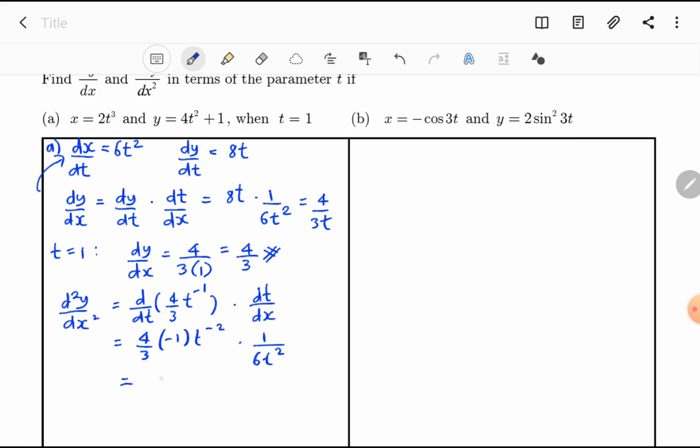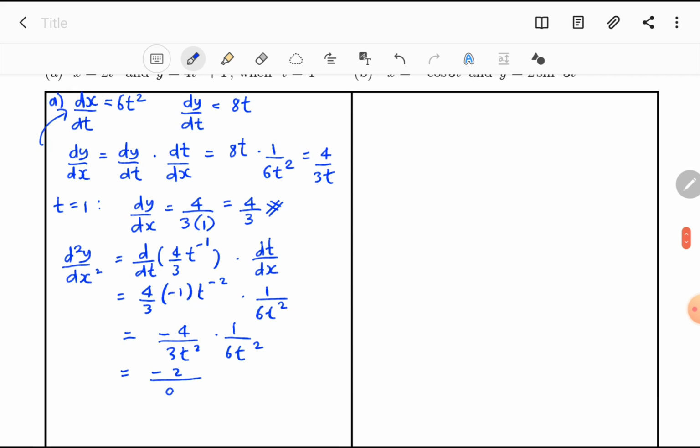So we will get negative 4 over 3t squared times 1 over 6t squared. And the answer is negative 2 over 9t to the power of 4.